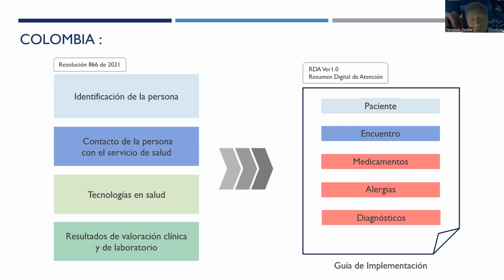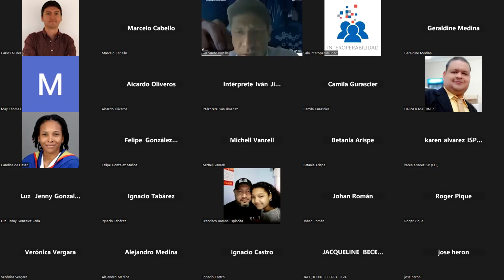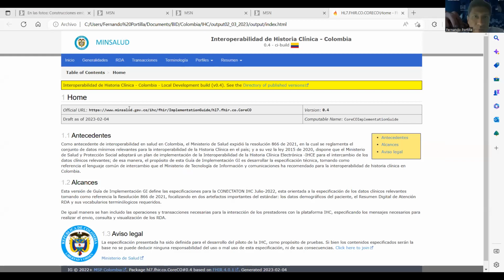And around that, then last year they carried out a connectathon. They were looking only at one of the sections, at diagnosis, and this allowed for the validation of the very first connectathon. So this is an implementation guide, and this is the RDA in Colombia.